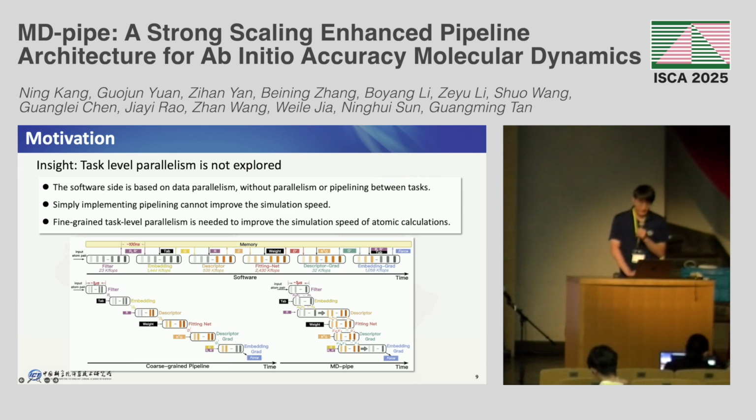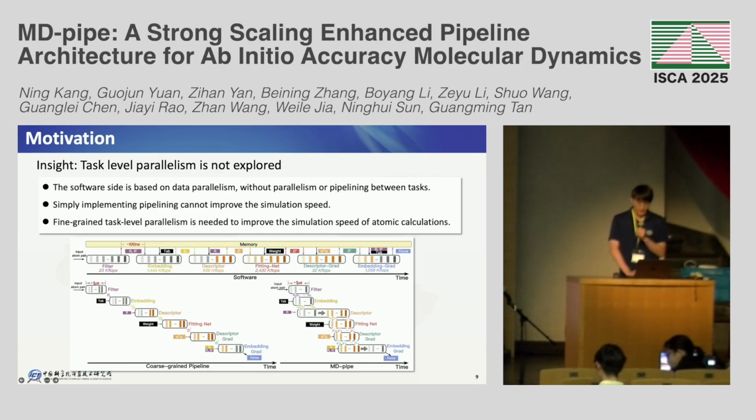Task-level parallelism presents an intuitive path to enhance molecular dynamics performance, yet it remains insufficiently explored. Simply applying a basic pipeline to tasks fails to improve the computational speed of individual atomic simulation.